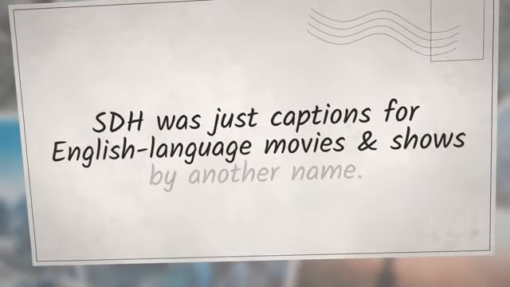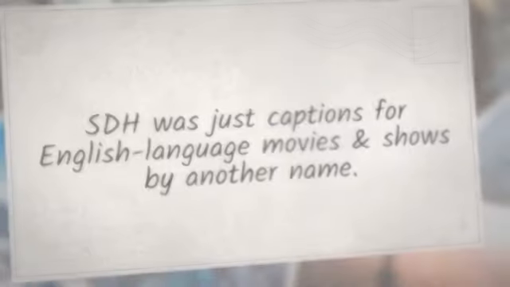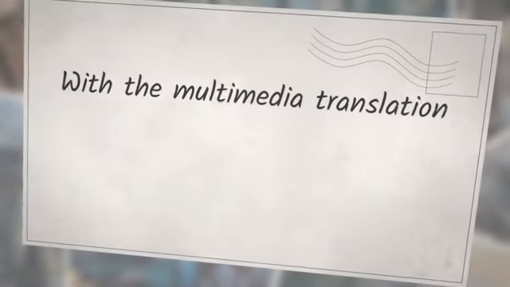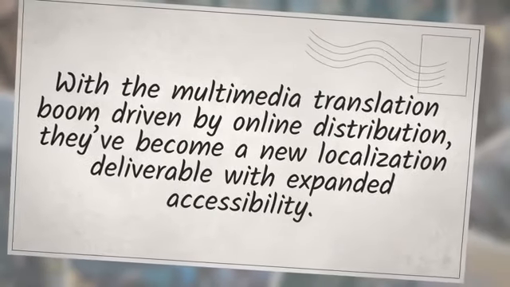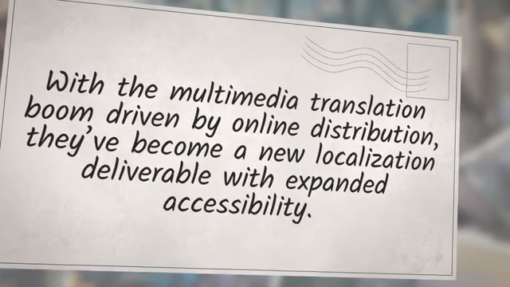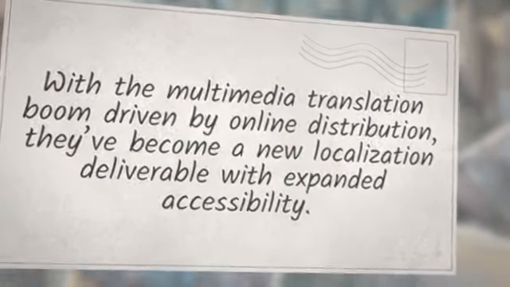And thus the introduction of SDH. SDH was just captions for English language movies and shows by another name. With the multimedia translation boom driven by online distribution, they've become a new localization deliverable with expanded accessibility.